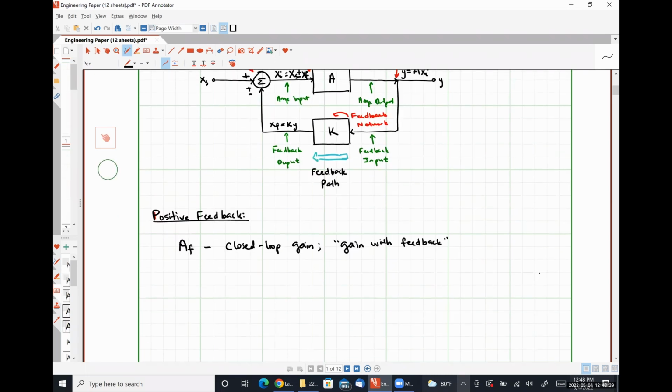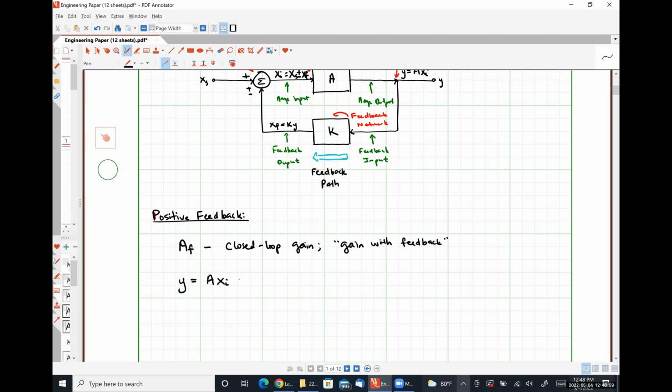Okay. Our output signal Y is A, our open loop gain, times Xi, which is the input signal applied to the amplifier, right?